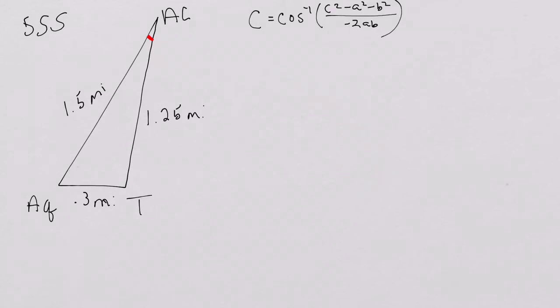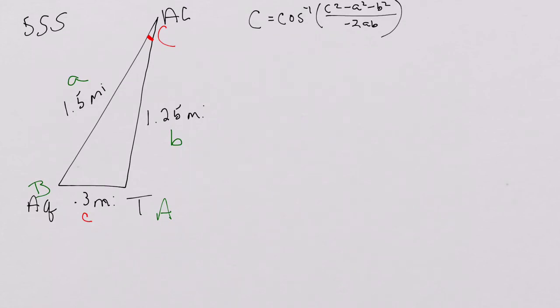We need to find the included angle C. So I'm going to label Alcatraz, this angle right here, because that's what we need to find, as C. That makes this down here little c. These other ones, I'm going to label this as B, and this is little a. That makes this big A and big B. From there, I don't need big A or big B.